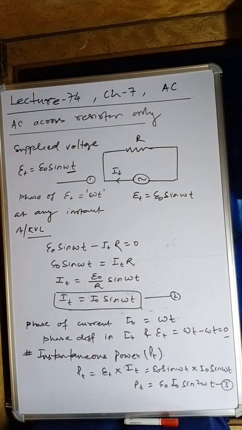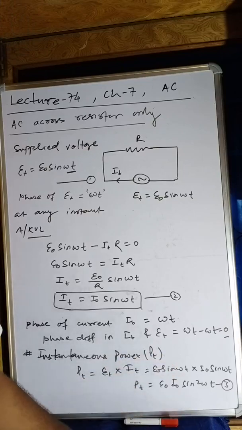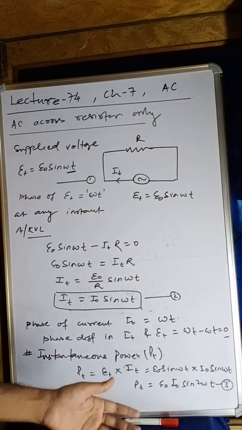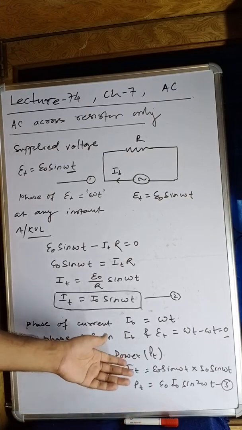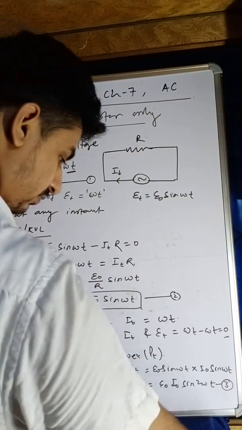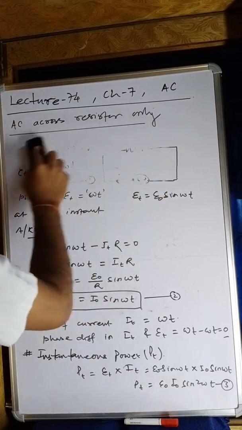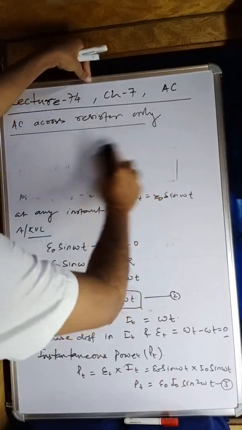Now we can find the average power. Average power in full cycle, average power in half cycle, etc., we can calculate. So now we are going to find the average power. I hope you have noted down.